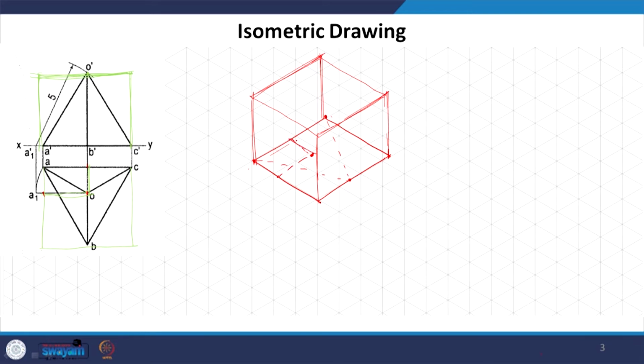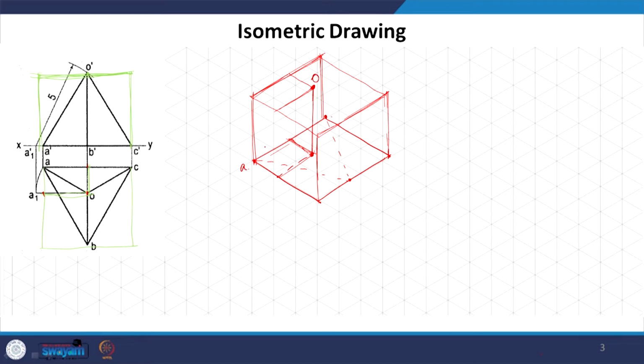So, if this line is giving us the projection of this apex, there is going to be a line parallel in the top as well, and this point actually will be the point right above this apex in the bottom, and this will actually be the apex O for this pyramid, right.